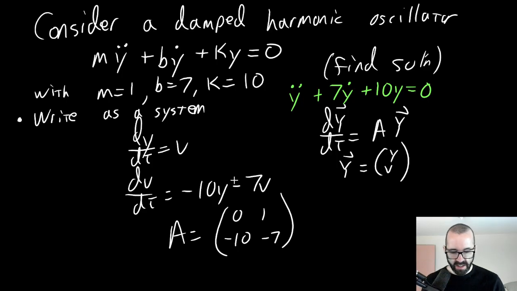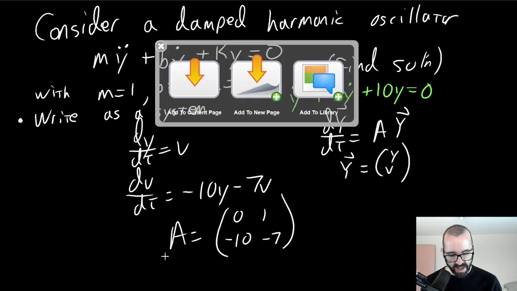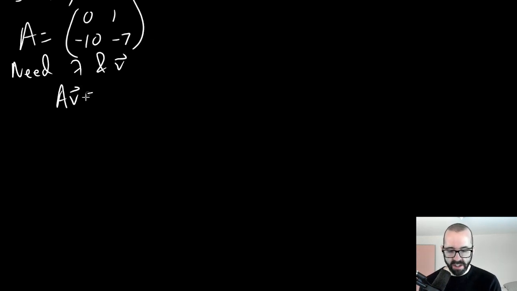Okay, so let's solve this. When we solve this, again, what we have to do is find the eigenvalues and the eigenvectors for this matrix. So that's going to be when Av equals lambda times v.